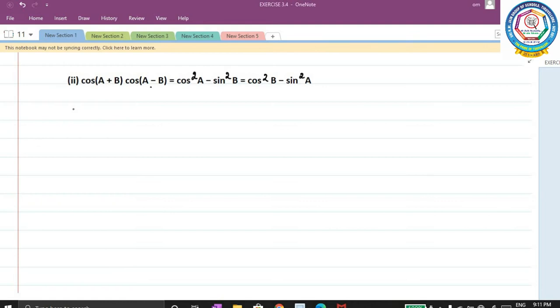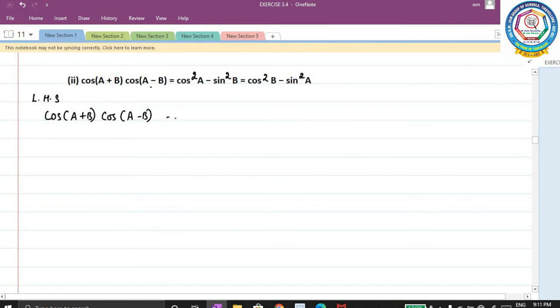Second subdivision: cos of (a plus b) into cos of (a minus b) equals cos square a minus sin square b, equals cos square b minus sin square a. We have to prove. Now I am going to take the left hand side quotient: cos of (a plus b) into cos of (a minus b).